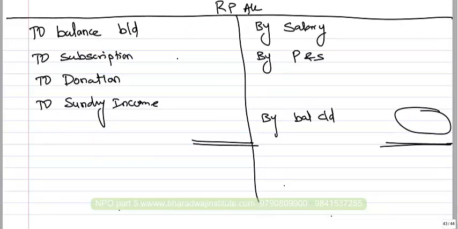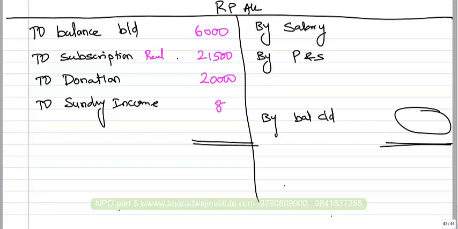What is the balance brought down? Opening balance. Subscription received. Donation, total amount 20,000. In the income and expenditure account we have taken 10,000, the balance 10,000 also should be counted.